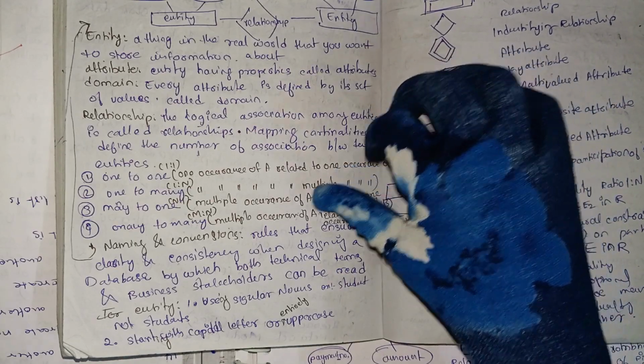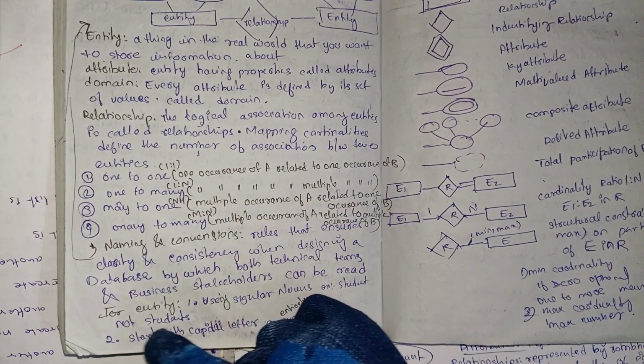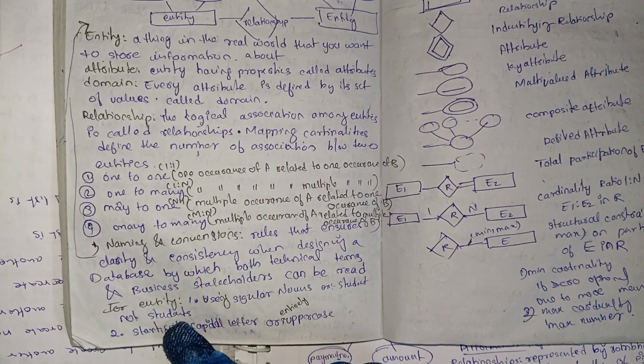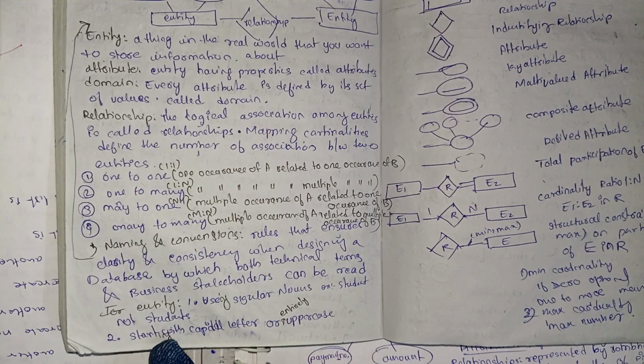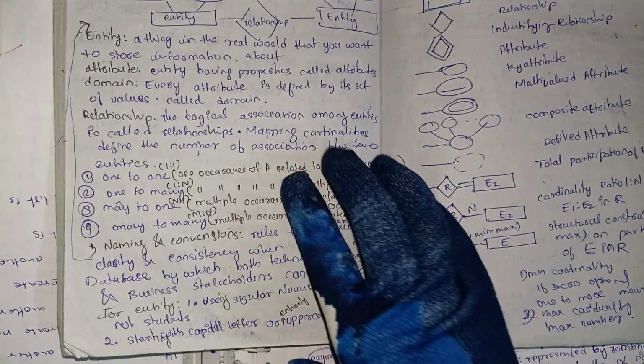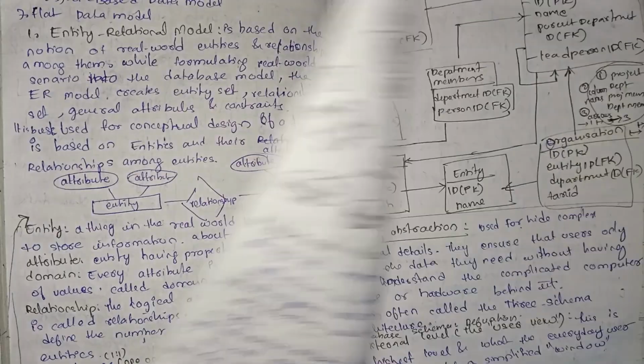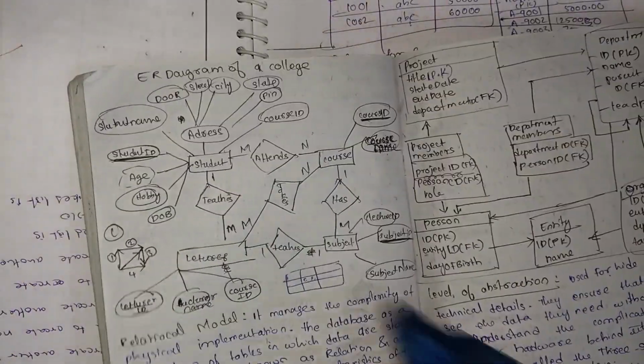For entities, use singular nouns like student, not students, starting with capital letters or entirely uppercase. Suppose this is the ER model.